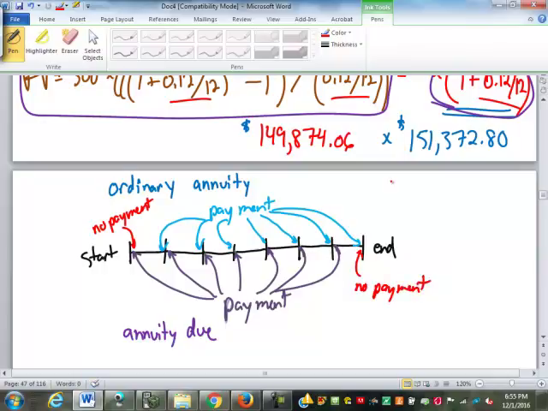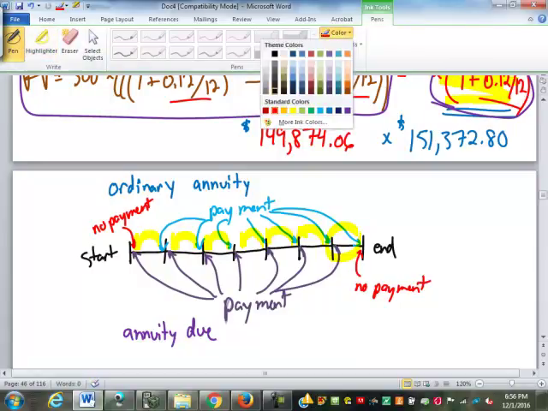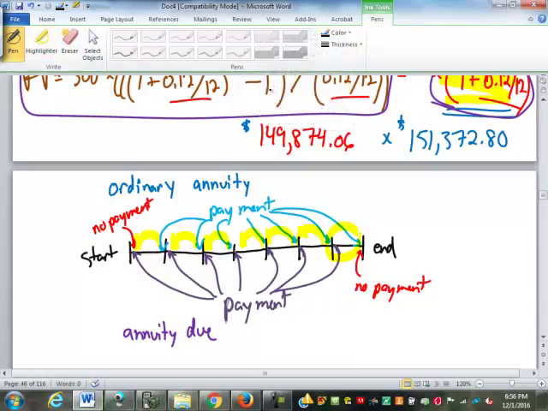So what you can see happening here, the difference between the ordinary annuity and the annuity due, is every payment is one period earlier. So when you get to the end, you have one more period that's just going to sit there for an extra period and draw interest. That's what this adjustment factor is all about. Any questions? Okay, well then let's keep going.